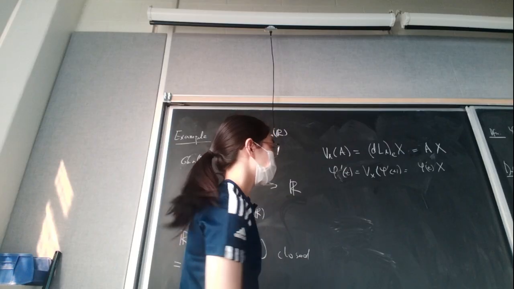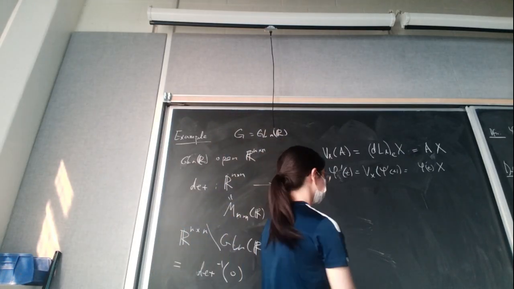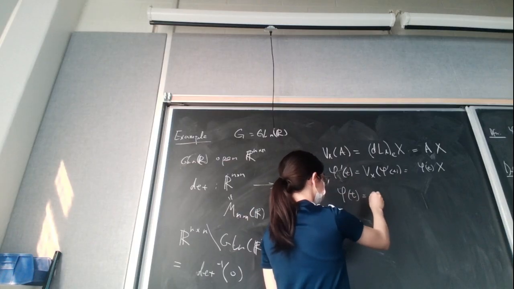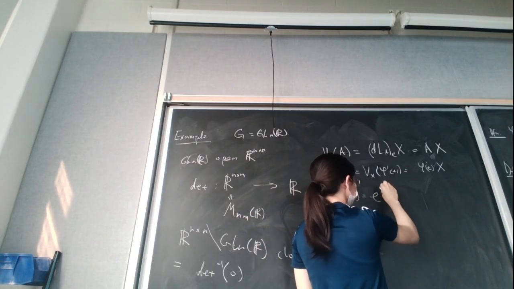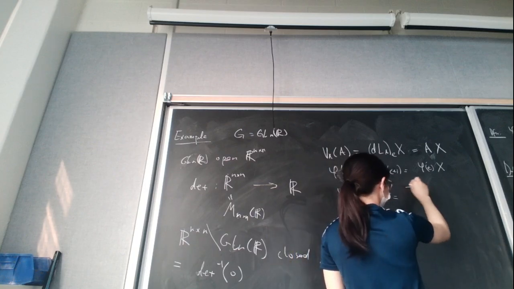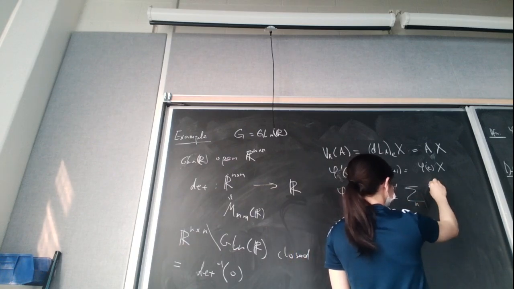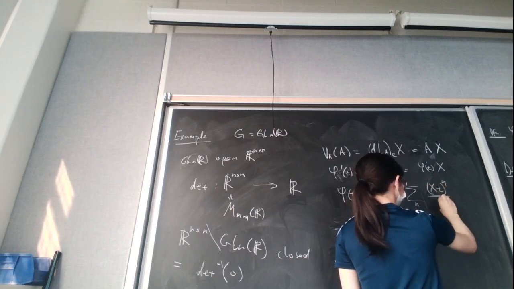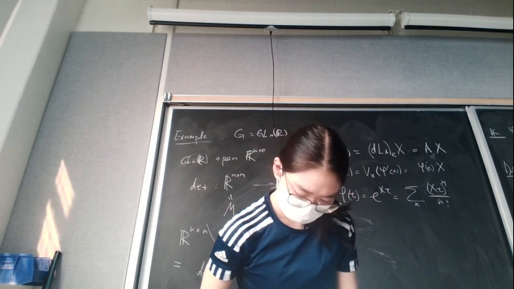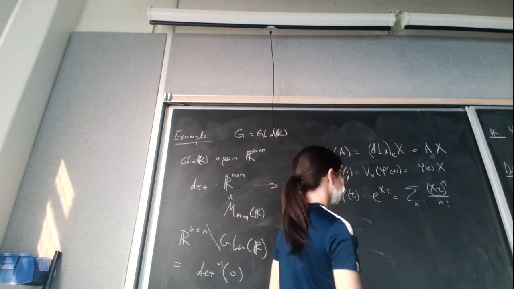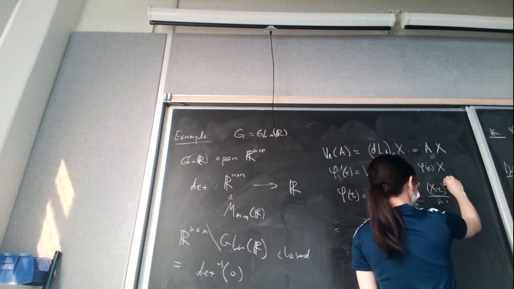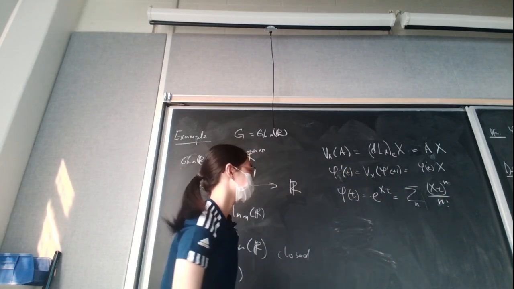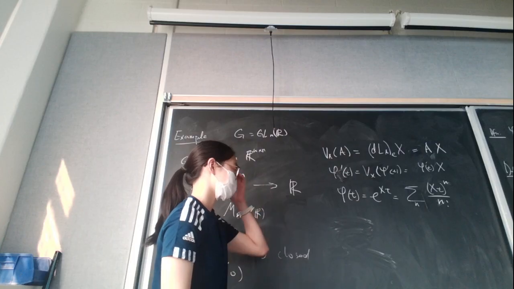Okay. And the solution to this ODE is phi of t equal to e to the xt, which is defined to be the series with n factorial in the denominators.